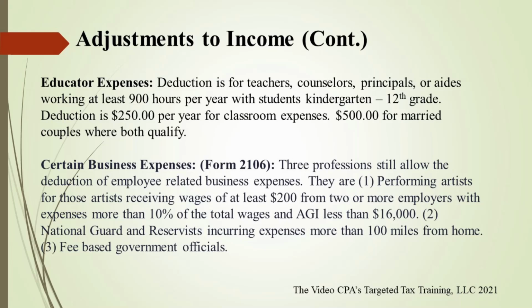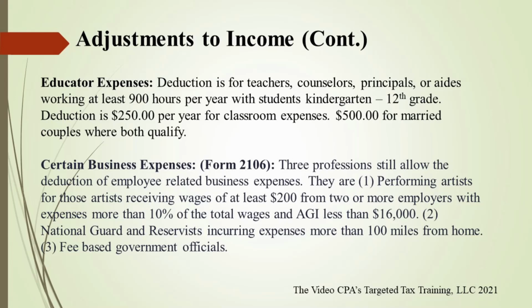And what you saw most of the time is mileage on vehicles and maybe some meals and stuff. But anymore, they don't allow hardly any of it. So there's only 3 professions that are actually able to get a deduction for employee-related business expenses.